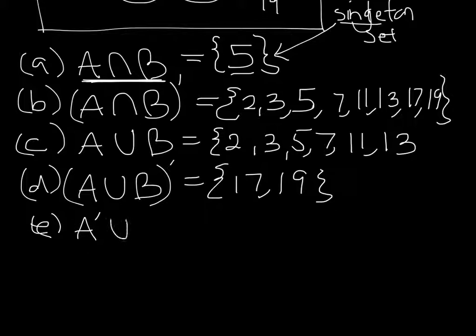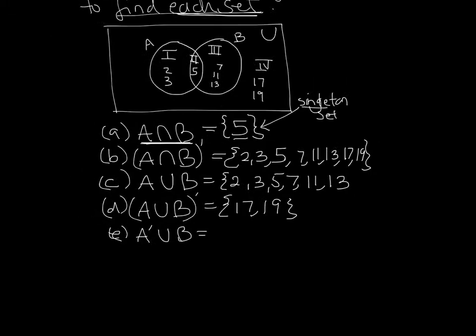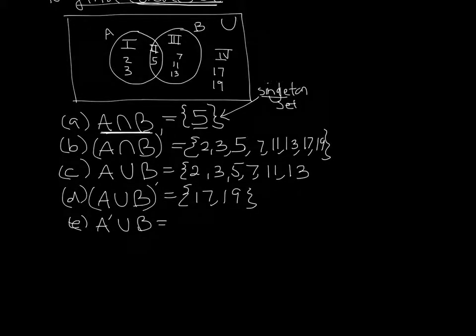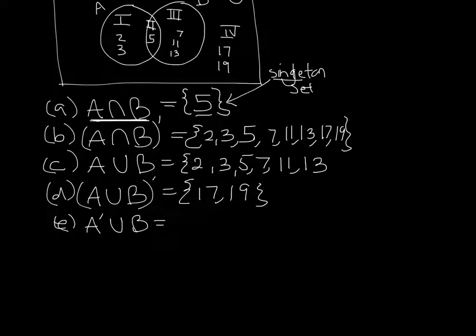Next, A prime union B. First I want to find A prime, the complement of A. The set A has 2, 3, and 5, so I want everything but 2, 3, and 5.